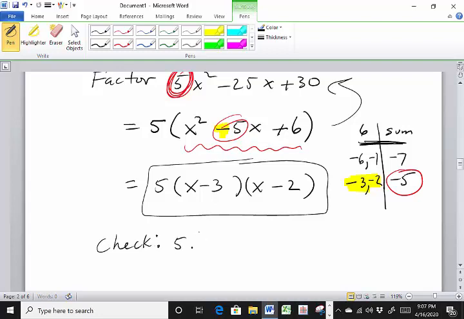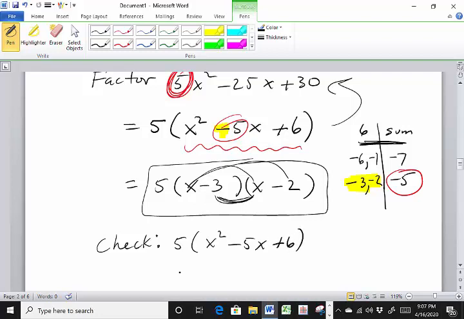So 5 times, well, x times x is x squared. x times minus 2 is a minus 2x. And then minus 3 times x is a minus 3x. You have minus 2x, minus 3x. I did that little step in my head. It's minus 5x. So you'll start getting the hang of that. And then minus 3 times minus 2 is going to be a positive 6.